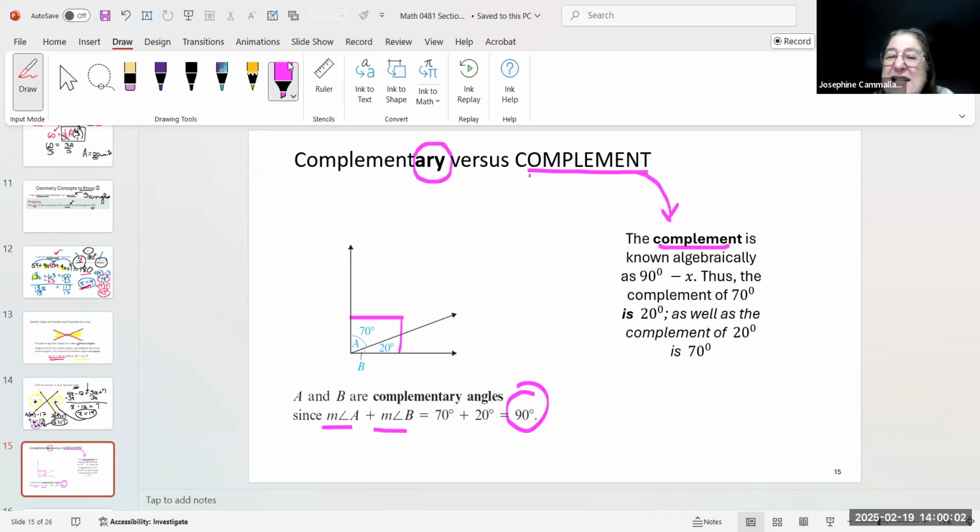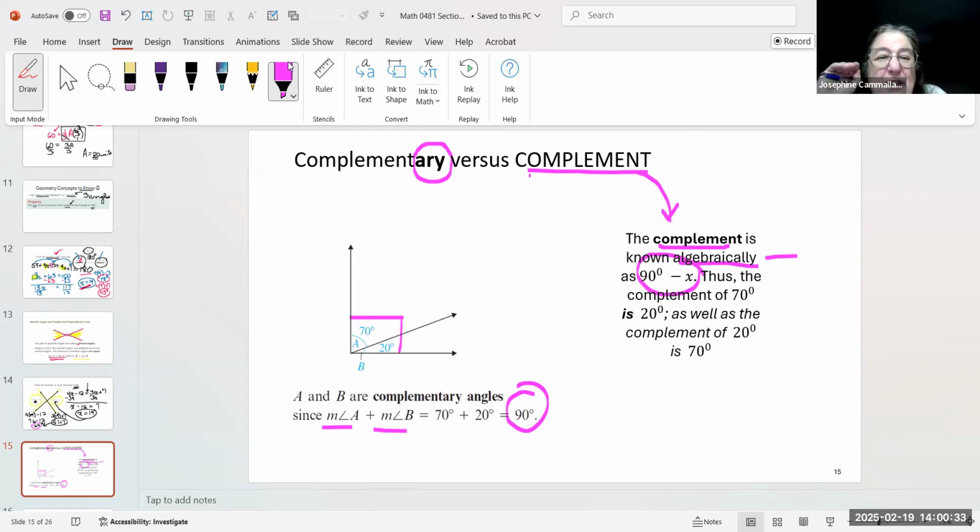Complement. This is something you're going to have to know algebraically. The complement means take 90 and subtract whatever number you're given. Thus, if I tell you that x is 70, and I want to find the complement of 70, I'm going to take 70, subtract it from 90, and I get 20.